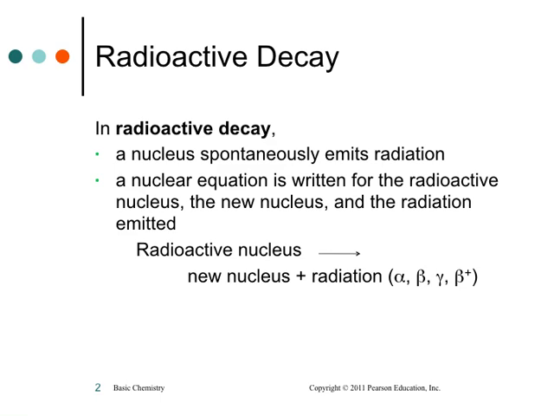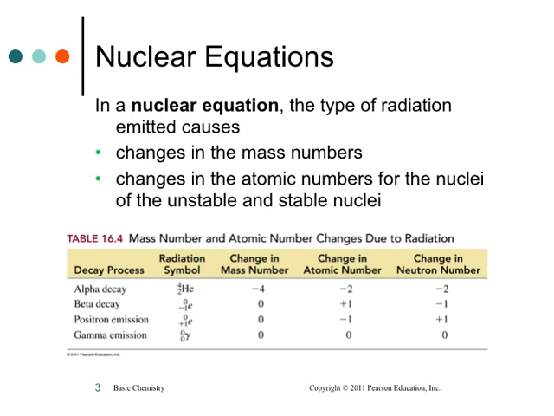Okay, so actually not that hard in terms of a concept. It's just weird because you're dealing with stuff you've never seen before, usually. Okay, so if you remember, alpha has a 4 as its mass number and 2 as its atomic number.